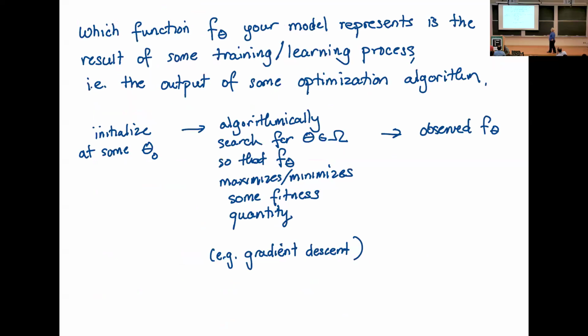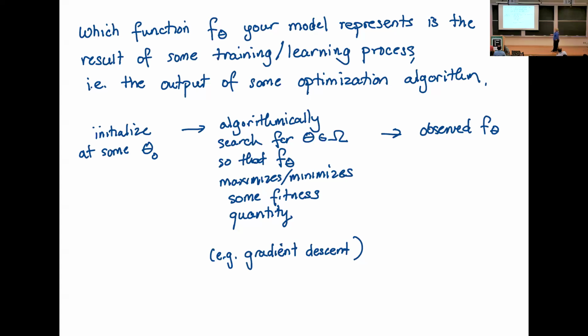Which function your particular model represents is usually the result of some sort of training or learning process, right? Whatever process calibrates your system to do whatever it is that it's supposed to do. We can think of this as the output of some sort of optimization algorithm.